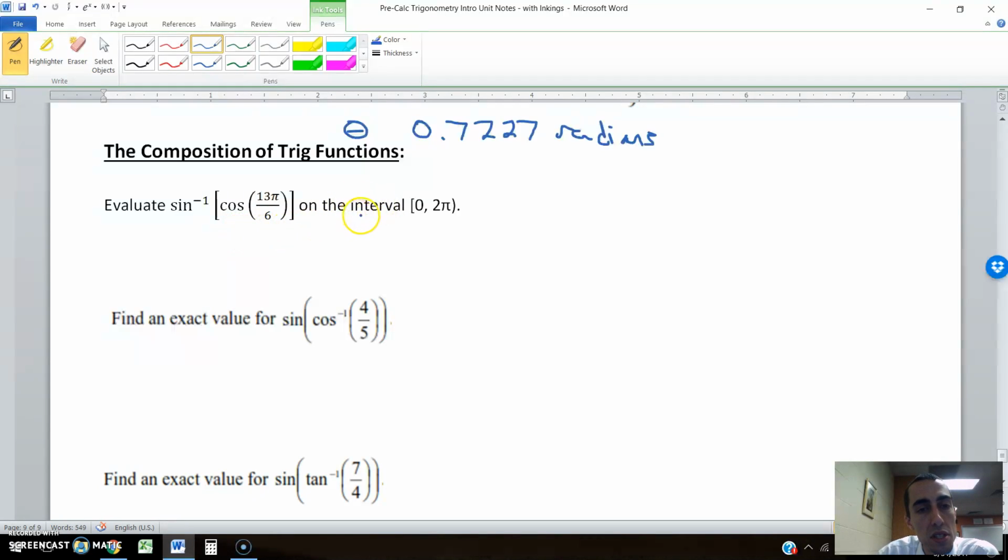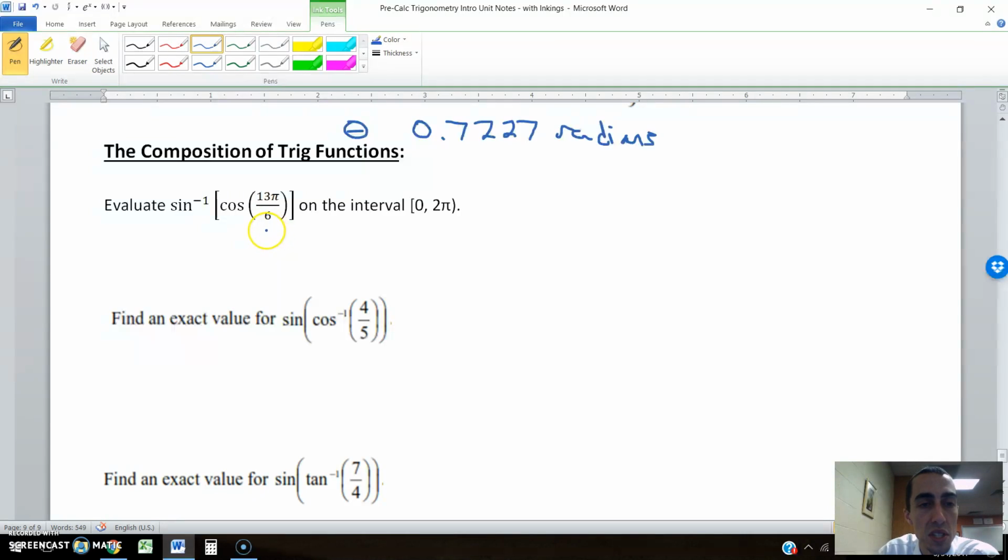We also notice that it says evaluate this function on the interval of 0 to 2 pi, meaning that our final answer needs to be an angle at least 0 radians and less than 2 pi radians, or less than 360 degrees. So let's start by working on the inside and then working out.